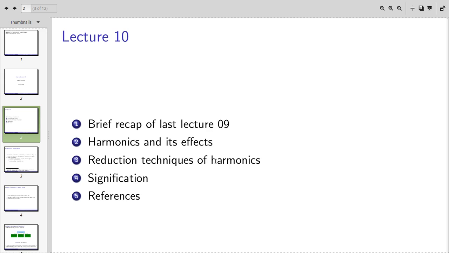There are some unwanted waveforms present. Those are basically different types of harmonics. Today we are going to focus on harmonics, its effect, and different reduction techniques.